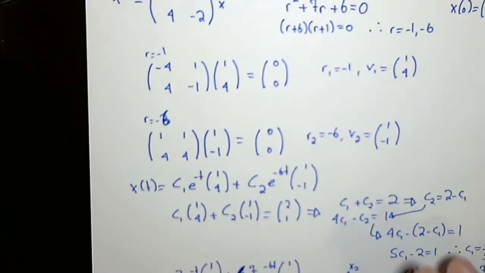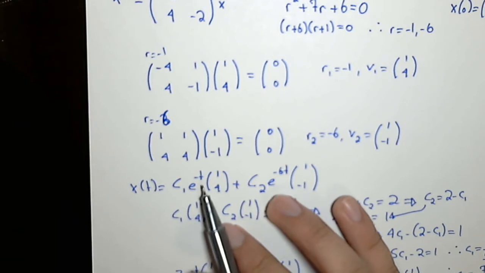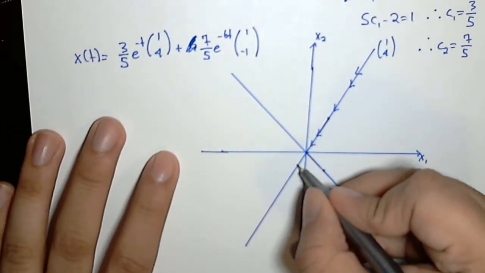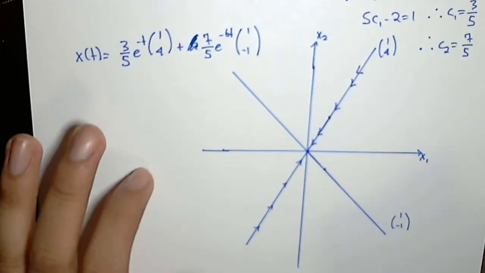Now, for negative t, it's the same idea. As t progresses from either direction, we're going to be getting closer to the origin.